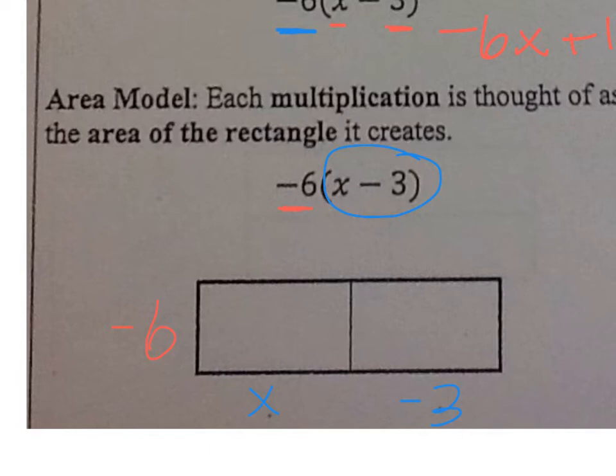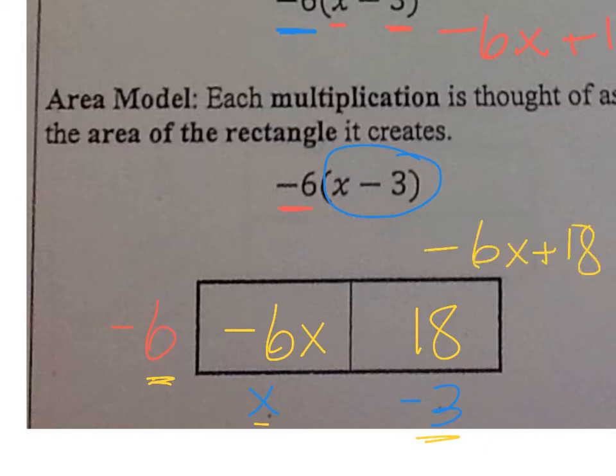So negative 6 times x is negative 6x. And then negative 6 times negative 3 is positive 18. And then you just see if there's any simplification or any like terms. In this case there is not, so we get negative 6x plus 18. Same thing we got the other way. But the idea with the area model is each piece is part of the dimensions.